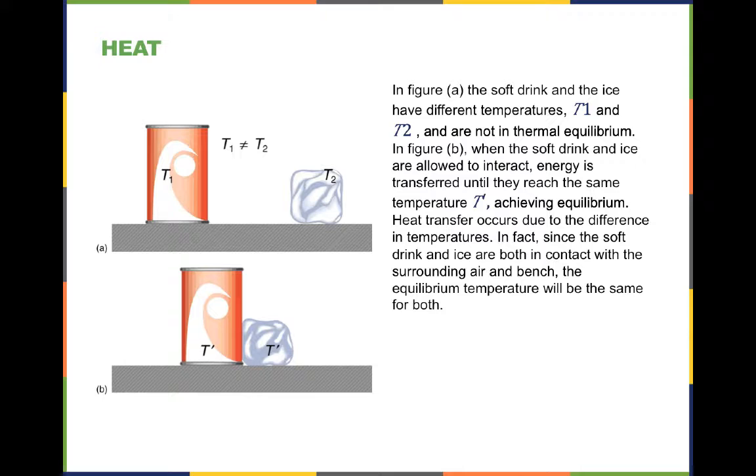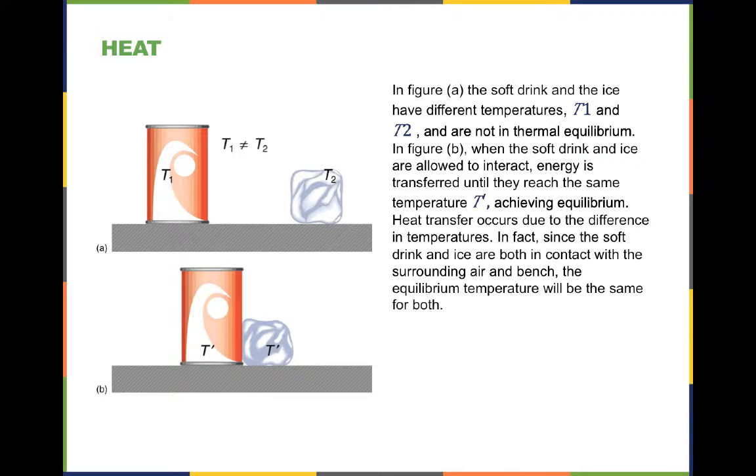At that point, they are in equilibrium, and any energy transfer that occurs will pass from the Coke to the ice and from the ice to the Coke in equal amounts. So the heat transfer occurs because of the temperature difference, and once the temperature difference goes away, then no further heat transfer occurs because it's in equilibrium.